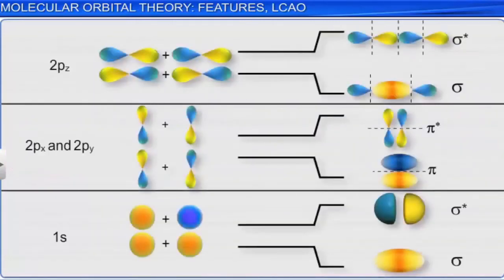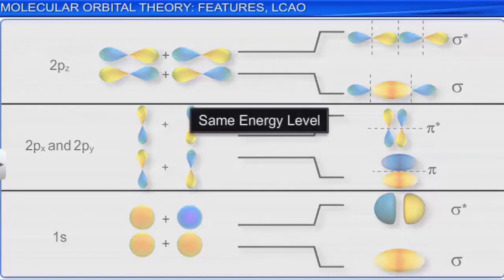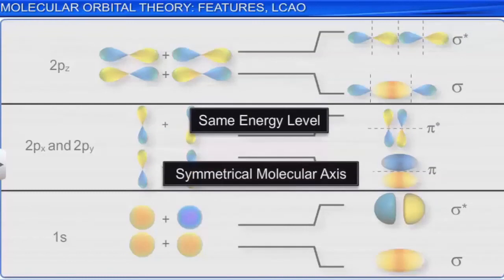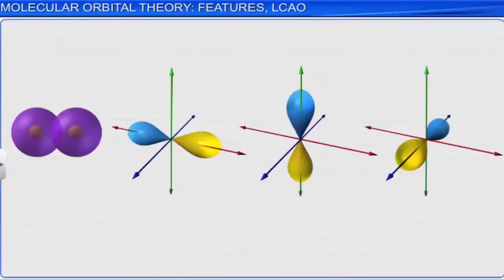However, for atomic orbitals to combine and form molecular orbitals, they must have similar energy levels and symmetrical molecular axes. This means that even though 2px of one atom has energy equal to 2py of another atom, they won't combine as they don't have the same symmetry.